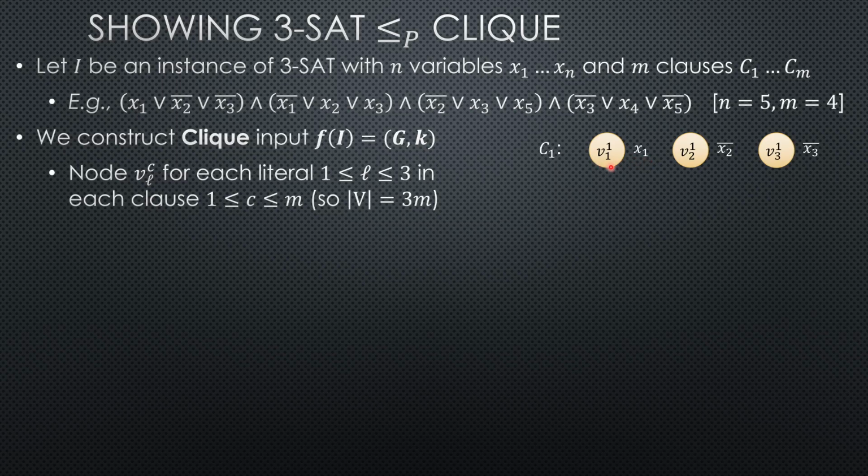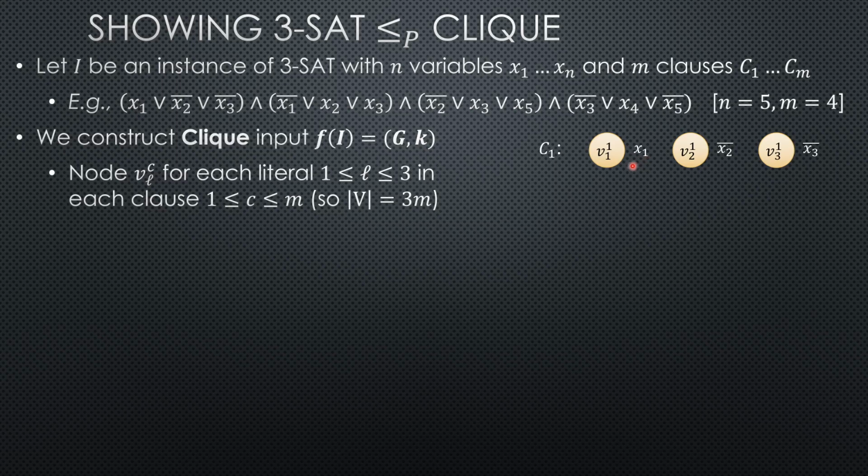So behind the scenes, these nodes are actually labeled 1 up to 3m, and they're stored in an array. I can have an array containing information about the literals associated with those nodes, so given a node name, I can look up the literal information for that node in constant time. That's how I would really implement something like this.